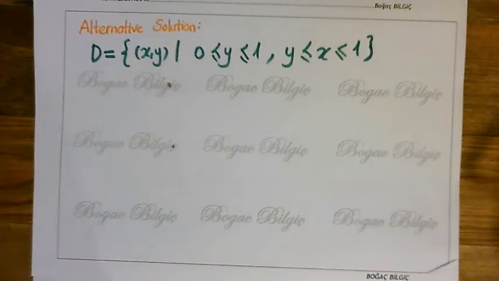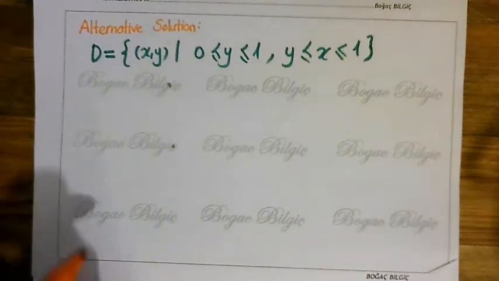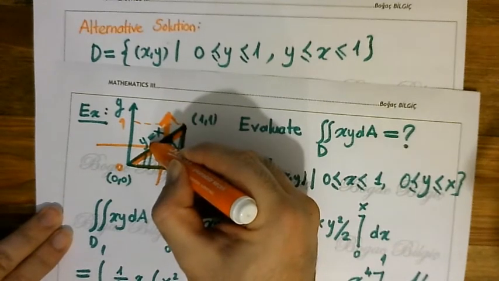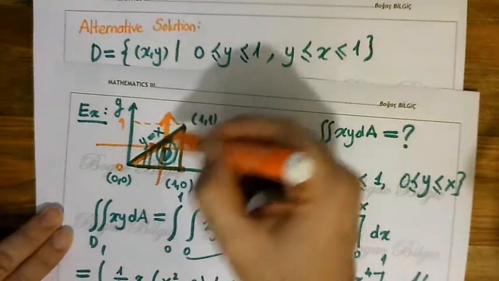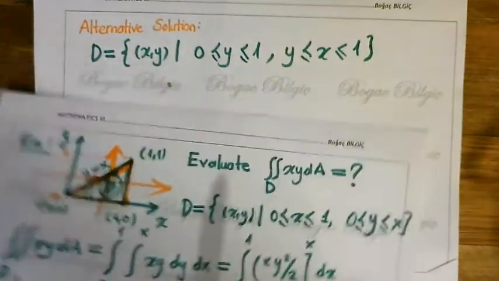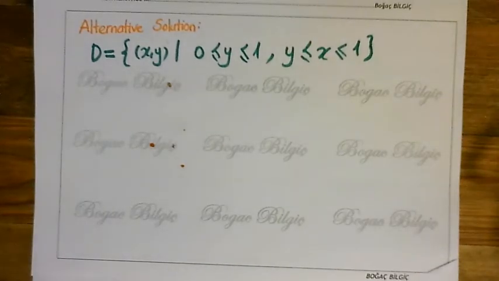A horizontal arrow starting from the left boundary of D, described by x equals y, and terminating at the right boundary of D, described by x equals 1, gives the lower and upper limits of integration with respect to x.